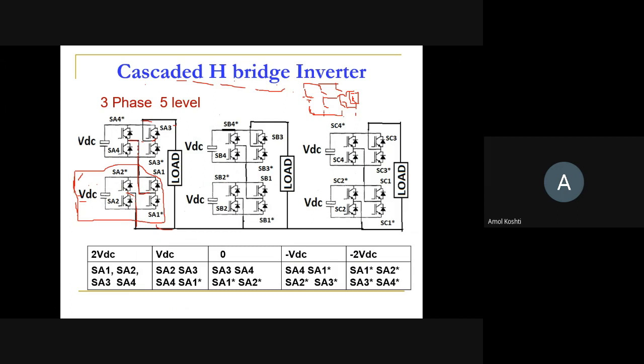And if we turn on the single switches in one leg, then we get a zero output. It means here we are getting three outputs. One is VDC, and the second is minus VDC.